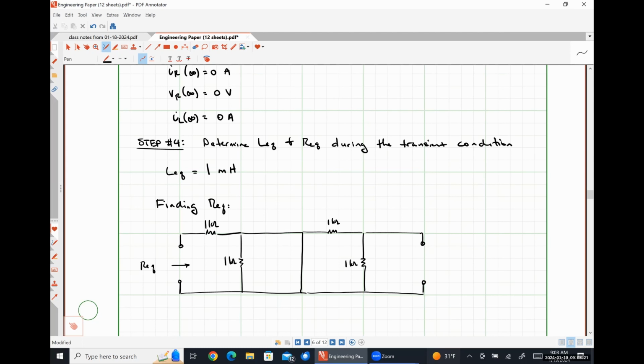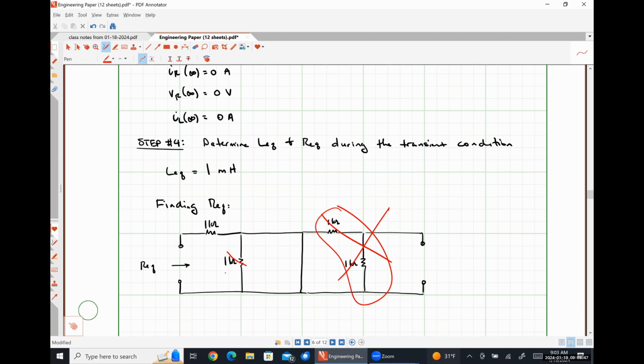Now I've heard 1.5. These two resistors that I've circled here, that series connection of 2 kilo ohms, is in parallel with the open circuit, so they don't contribute at all.